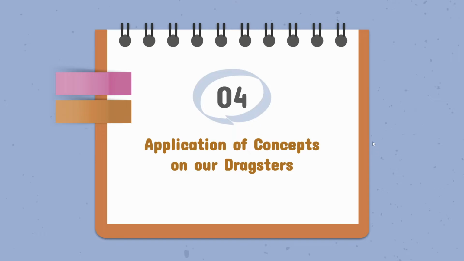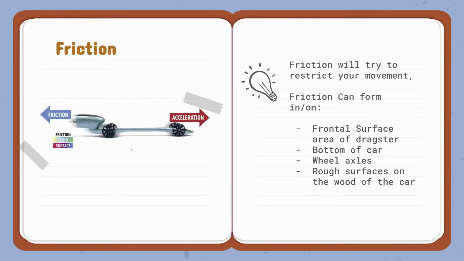Number 4, application of these concepts on our dragsters. So, as you can see here, friction will try to restrict your movement. Friction can form in or on the frontal surface area of the CO2 dragster, like this area over here, anything that will touch the air when it's going forward. It can also apply on the bottom of the car if there's any debris that can fly up.